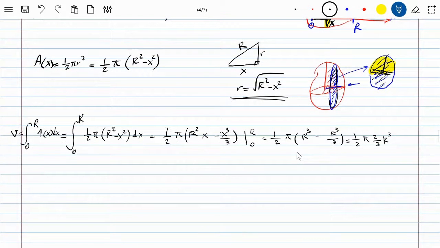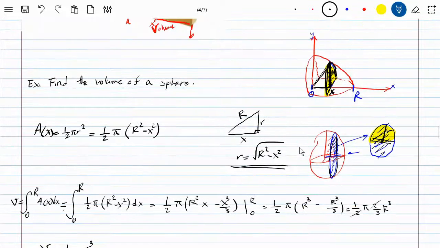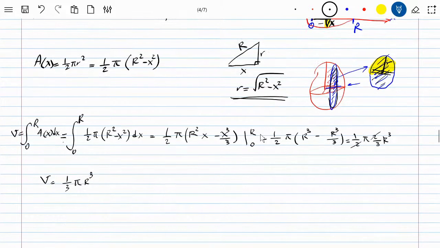So we found the volume, which is 1/3 pi R cubed, since the 2s cancel out. But this volume is not for the whole sphere. If you remember, we started with a quarter of the sphere, and this quarter gives us 1/3 pi R cubed. So what would be the volume of the sphere?